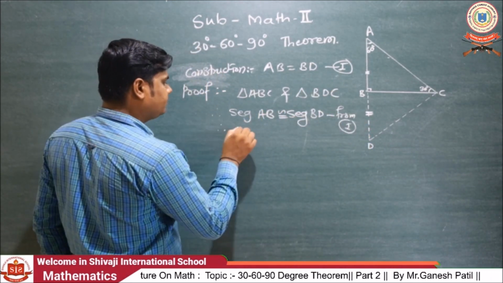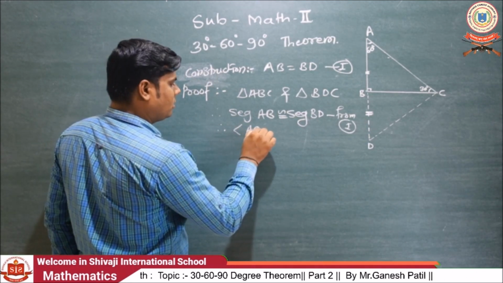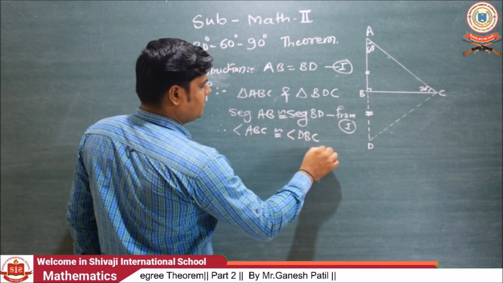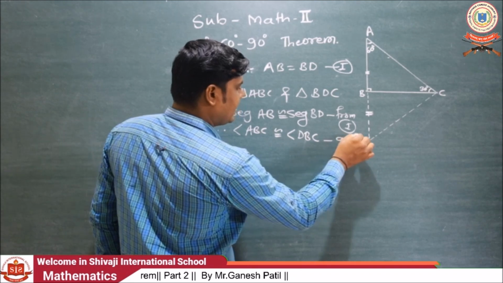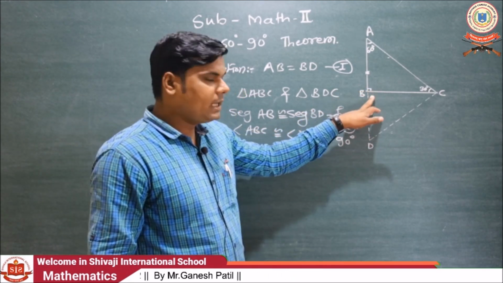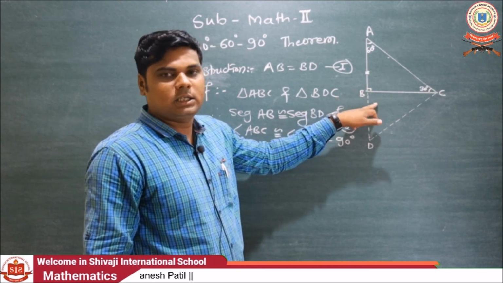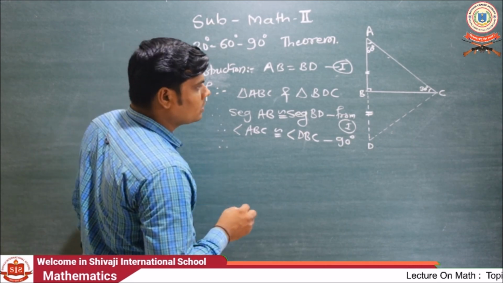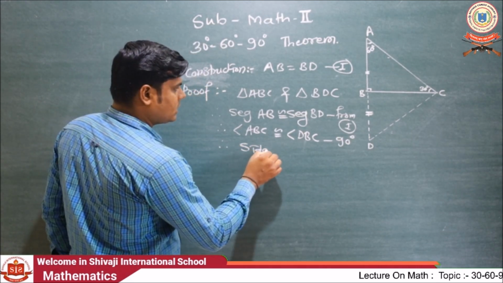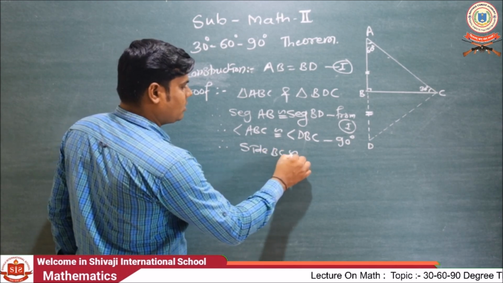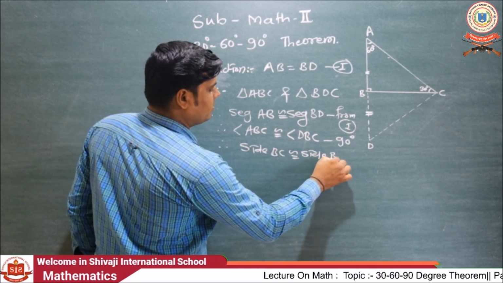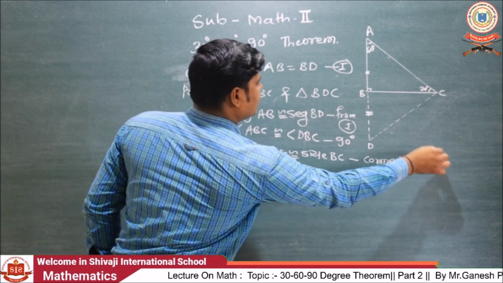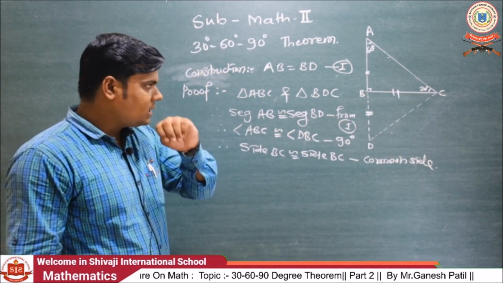Then angle ABC is congruent to angle DBC, each 90 degrees, because these two angles are a linear pair. Then segment BC is congruent to segment BC, which is the common side; both triangles have the side BC.